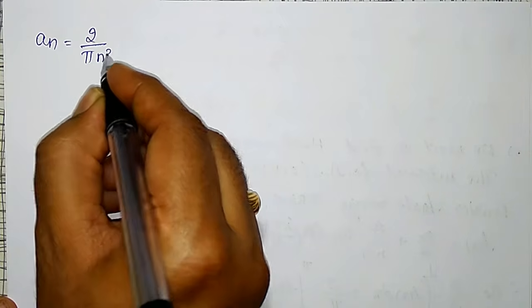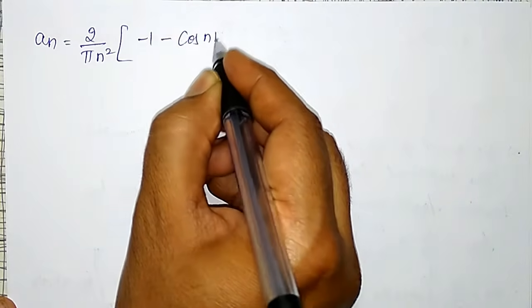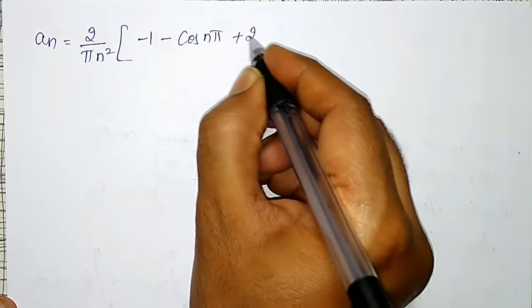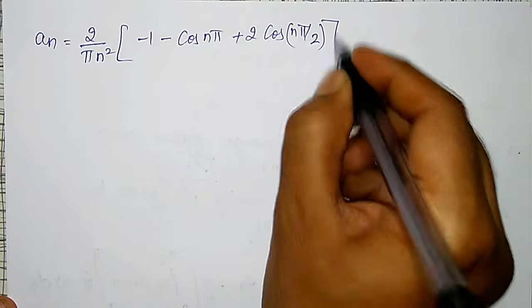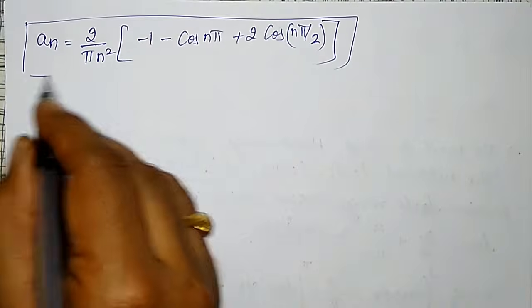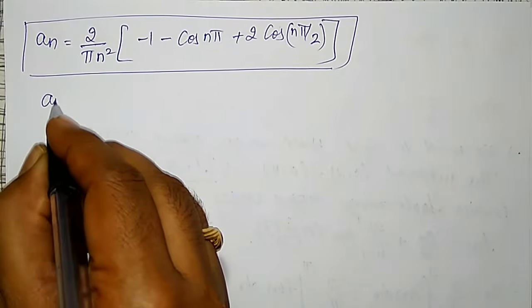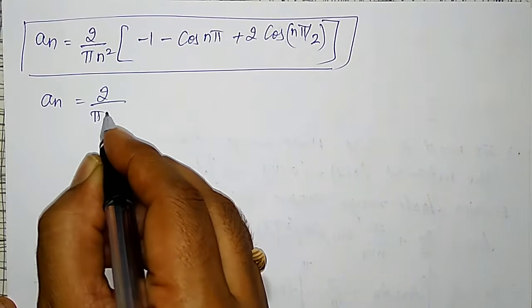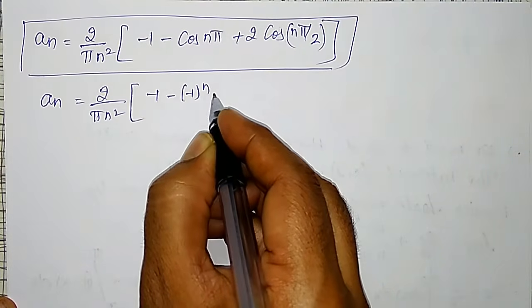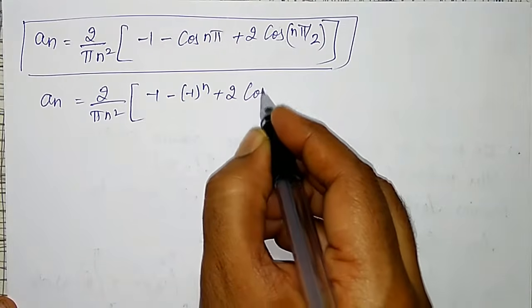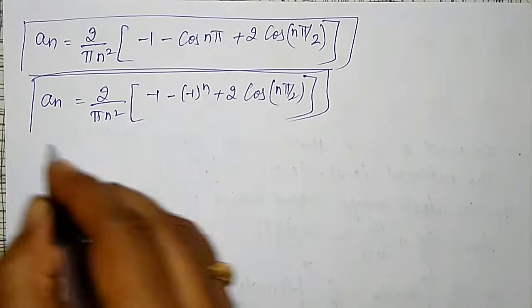Into the bracket what will remain is minus 1 minus cos n pi plus 2 times cos n pi by 2. This is my required a n. Cos n pi I can also write, so a n is equal to 2 by pi n square into minus 1 minus of minus 1 raised to n plus 2 times cos of n pi by 2. This is my a n.